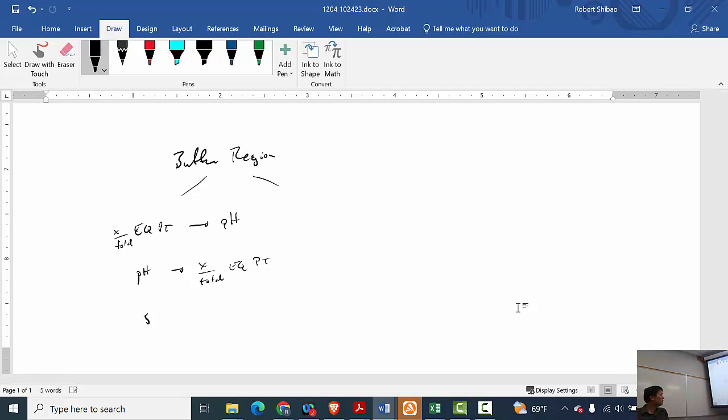So if I have a pH of 5.00, how many milliliters of NaOH do I need to add? I'm going to try to make a pH 5 buffer. There are different ways I can make a pH 5 buffer.